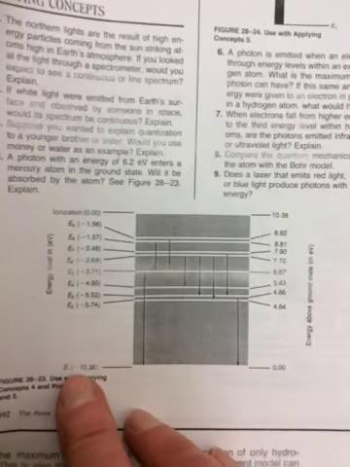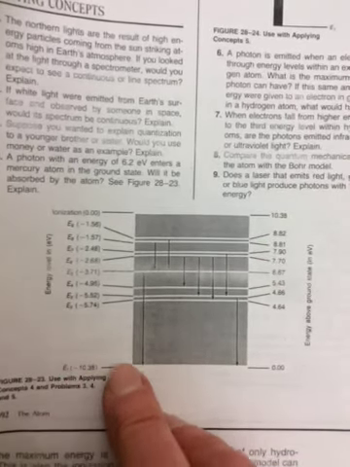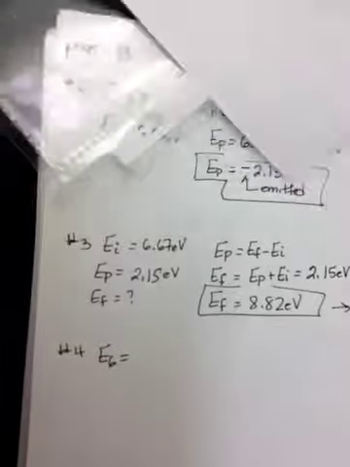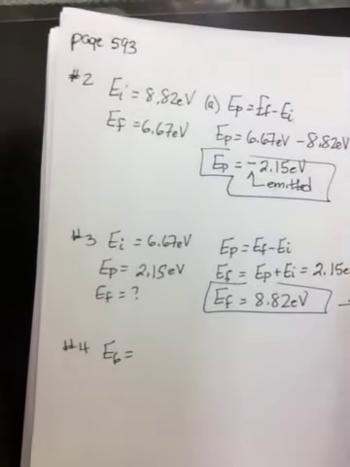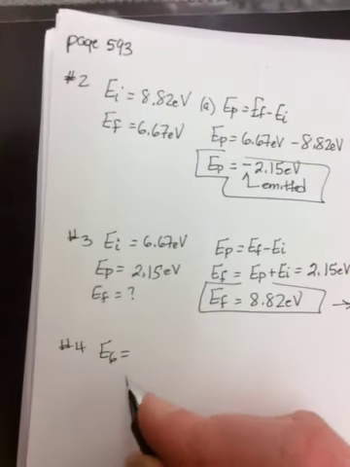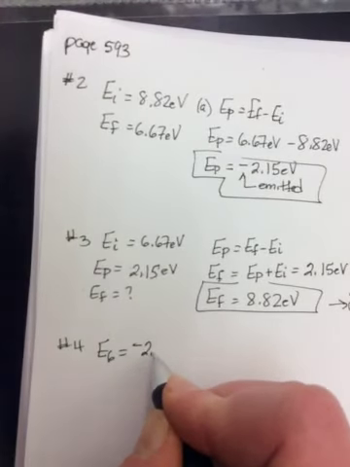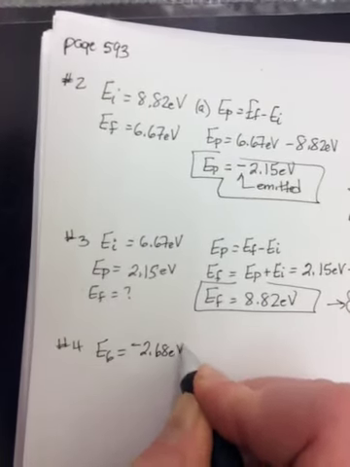The negative side, the ground state is negative 10.38, and it goes up to the ionization, which is 0. For fun, let's use the negative side, since the first two used the positive. If you look at the negative side and find your E6, it's negative 2.68 electron volts.